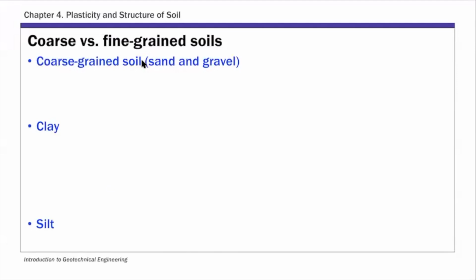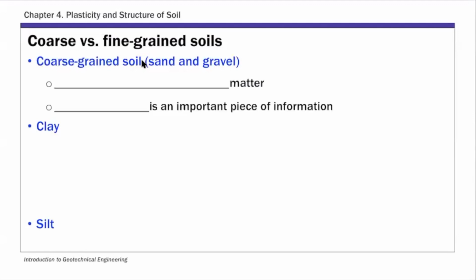We have discussed so far coarse grain soil, that's sands and gravel. And today we're going to focus on clays, and there's also silt. For coarse grain soils, what we know so far, first, grain size and grain size distribution matter.